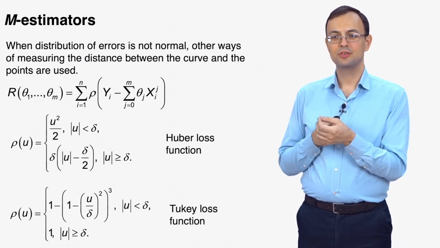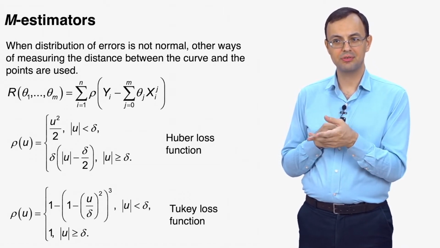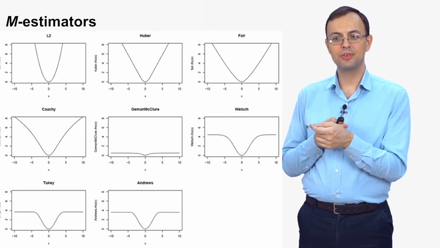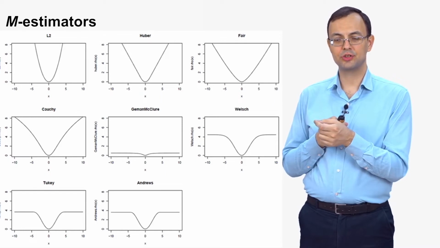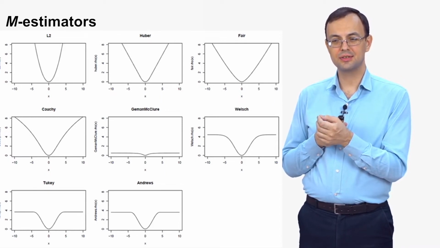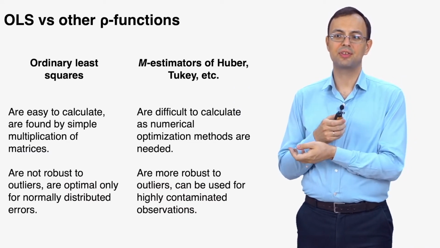It is not easy to find the minimum point, so we cannot use the standard calculus approach like finding partial derivatives and so on, especially for the Tukey loss function. You see the shape of this function is such that we cannot use the standard way to find the minimum point, and we need to apply some numerical methods.